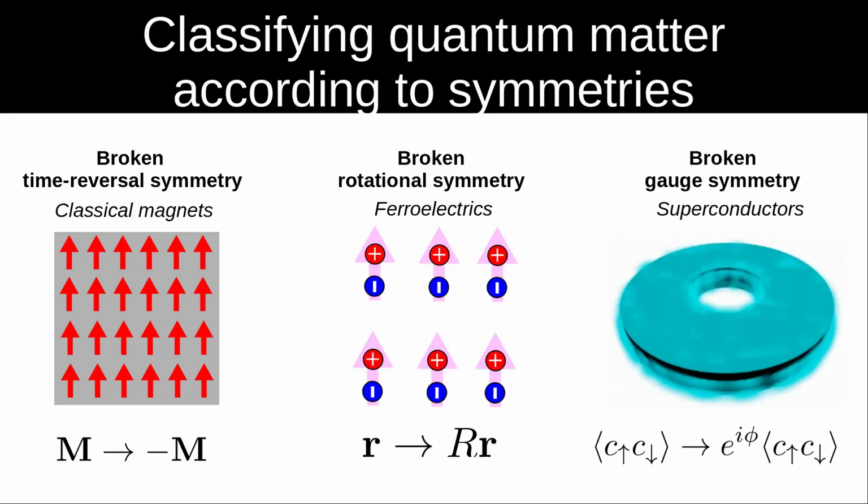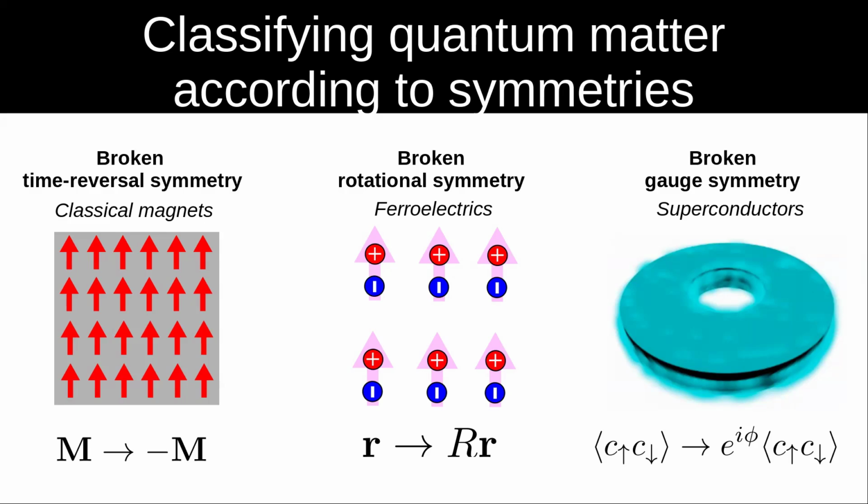This idea of symmetry breaking not only appears in magnets, it appears in many other states of matter, and we can actually classify different states of matter according to which symmetries those states break. For example, if you think about time reversal symmetry, which is essentially the symmetry that brings time to minus time, or velocity to minus velocity, or angular momenta to minus angular momenta, then magnets essentially break time reversal symmetry.